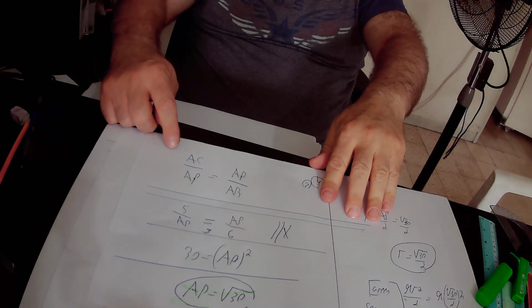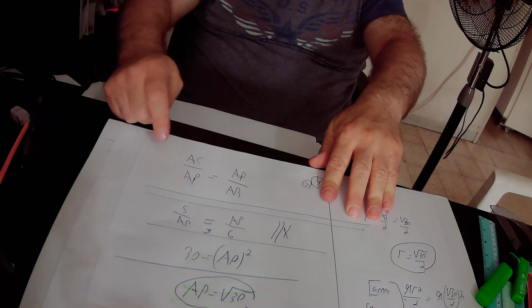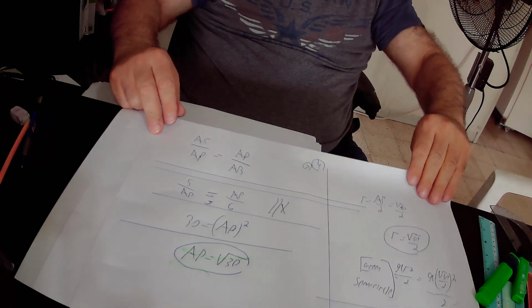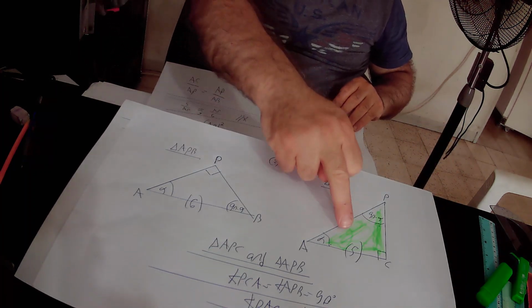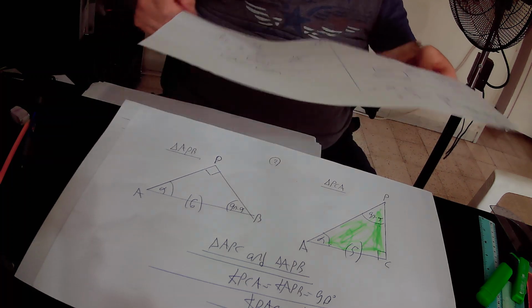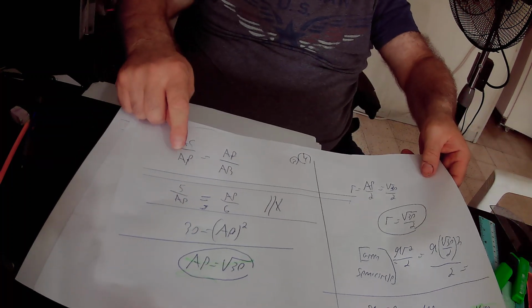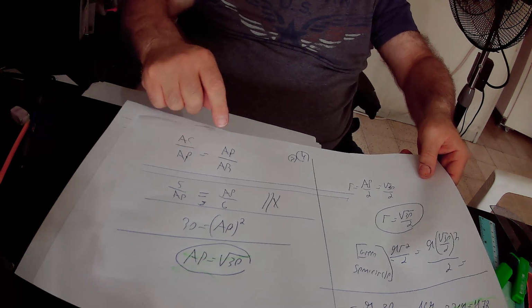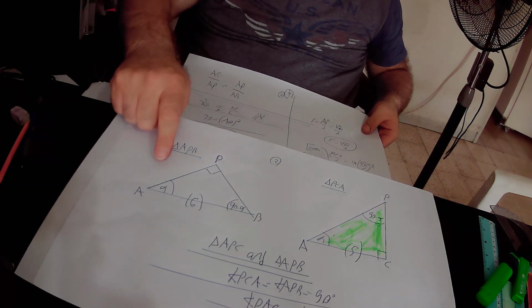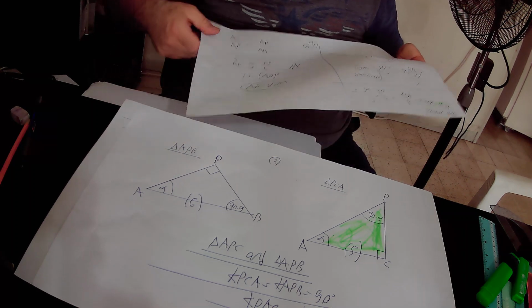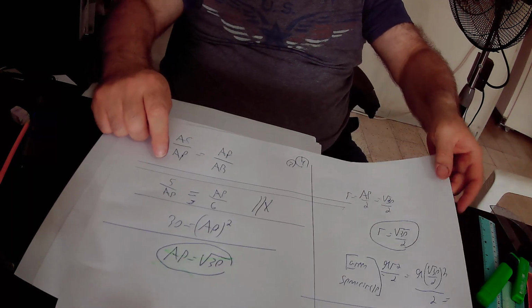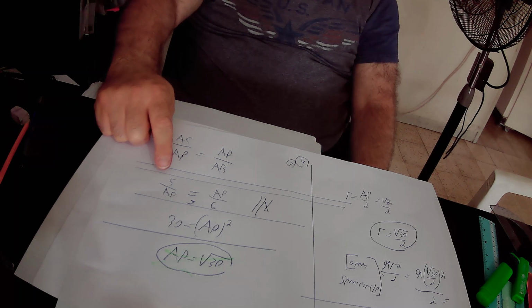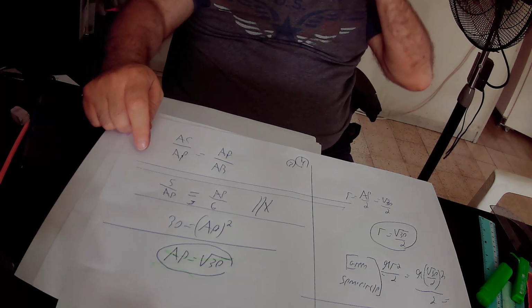We derive that AC over AP equals to AP over AB. AC equals to 5, so we substitute AC by 5 over AP. AP is the missing side, so we leave it as it is. AP over AB. AB is 6, therefore we substitute AB by 6. And finally found out actually that 5 over AP equals to AP over 6.